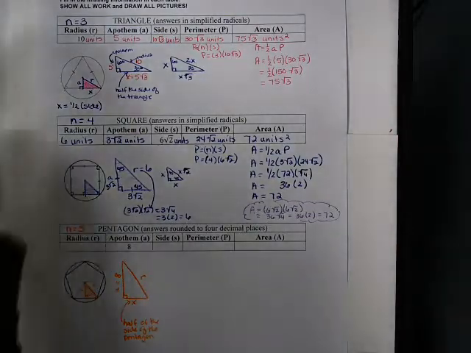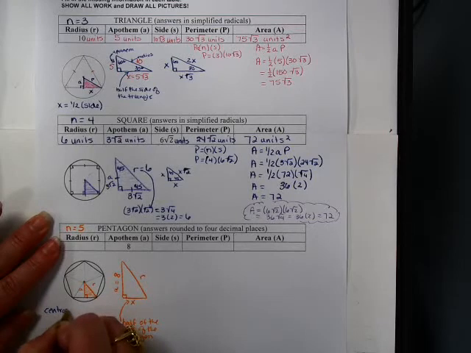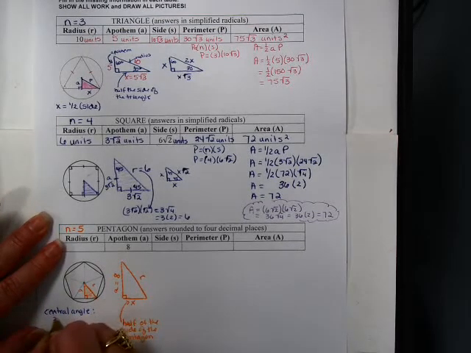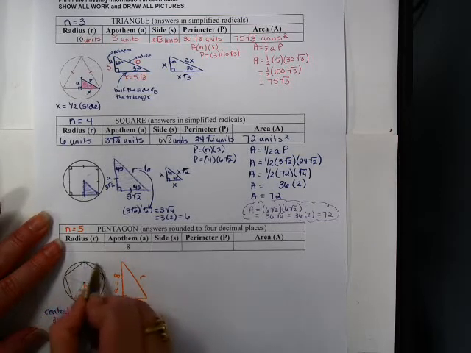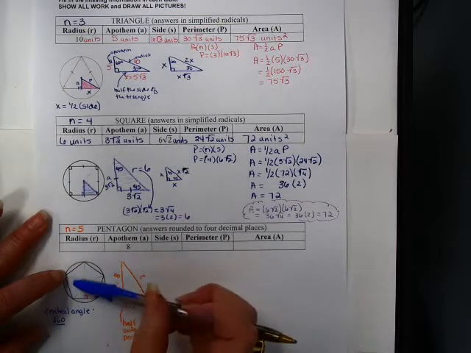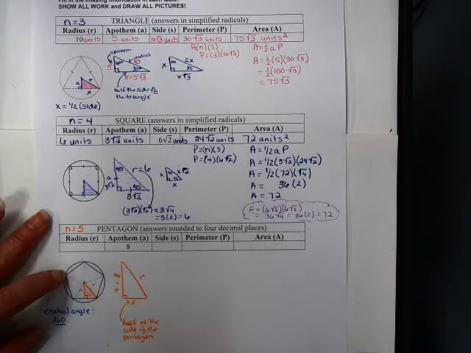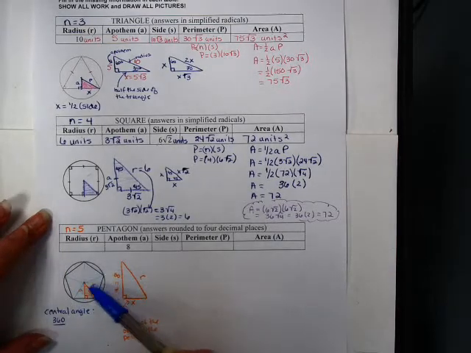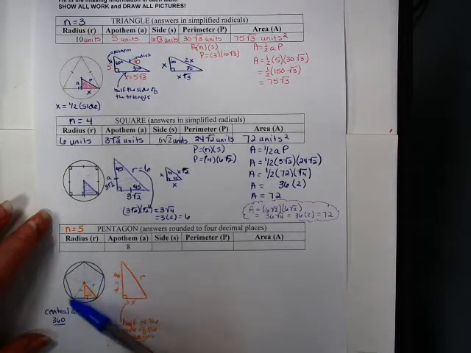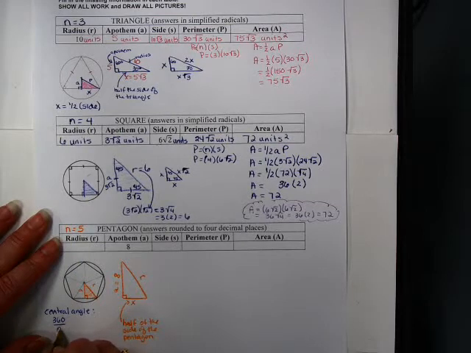Well, to find the central angle, it will always be 360, because remember this circle is 360, divided by, because all of these are going to be the same measure, same degrees, so it's going to be divided by however many triangles you have, or however many central angles you have. And the central angles will always match the number of sides, so it's always going to be this.